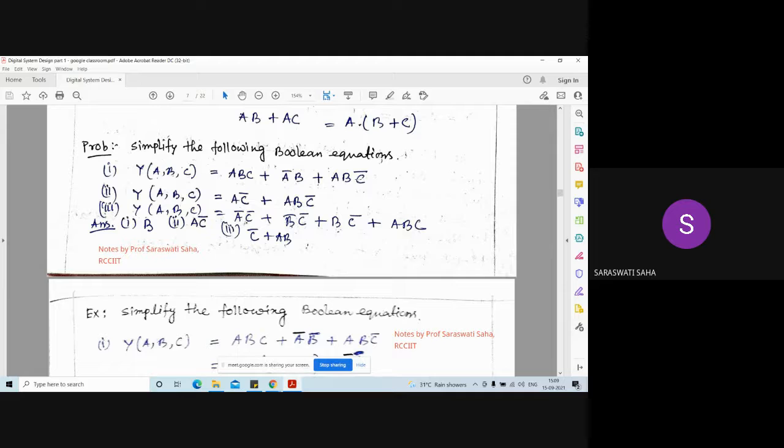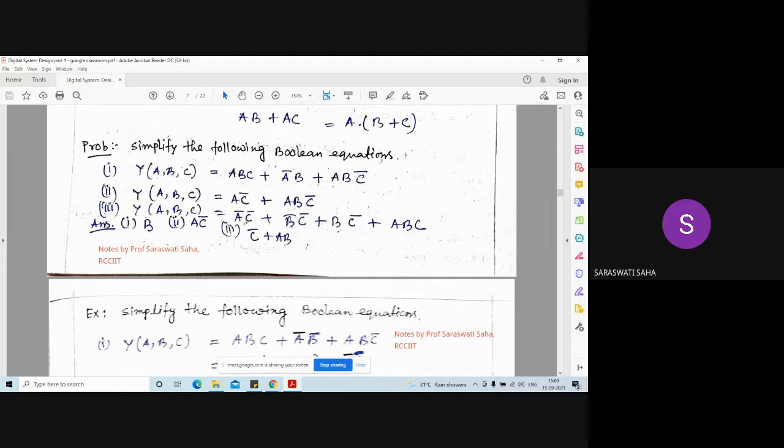But to implement this, you can guess how many logic gates are required. Here one 3 input AND gate, here a 2 input AND gate, here a 3 input AND gate. And to get the complements, you should take 2 inverter gates.